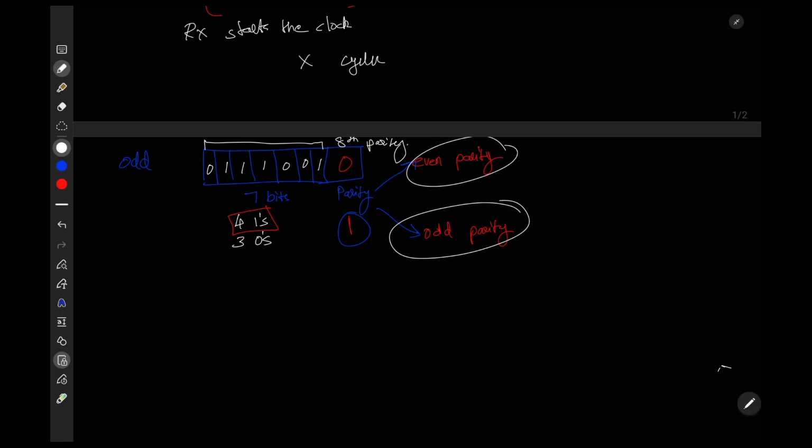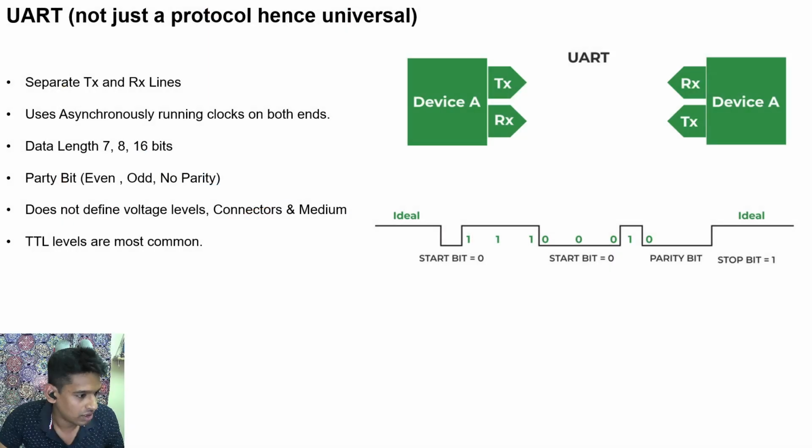Suppose you're selecting an even parity, the parity bit will be set such that the total number of ones, including the data and parity bit, will be an even number. So suppose you're using even parity and you count the number of ones, and it is an even number, there is a very small chance that an error has happened.